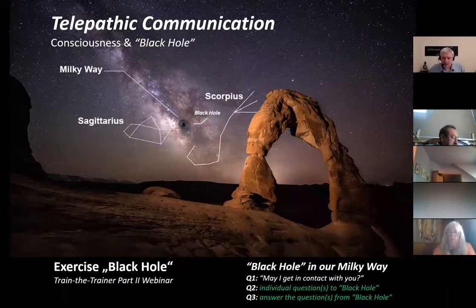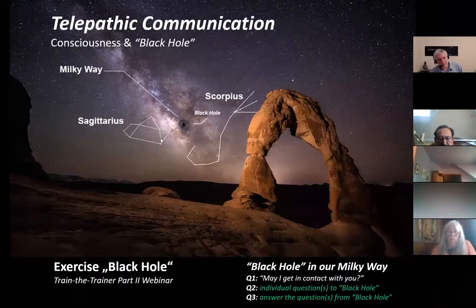What we are doing now is we make contact to the black hole, which is in the galactic center of our Milky Way, which is indicated here. So that is a very good representation of the location of the black hole. And if you look at that image here, you see the Milky Way disk, if you like, in that position here.